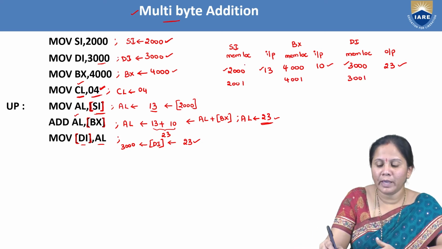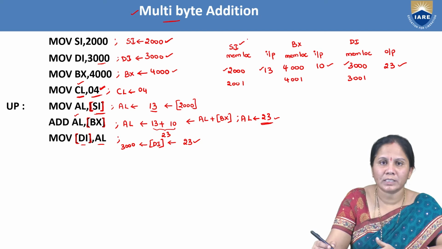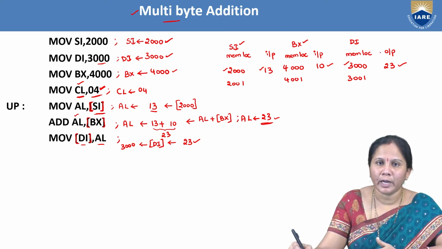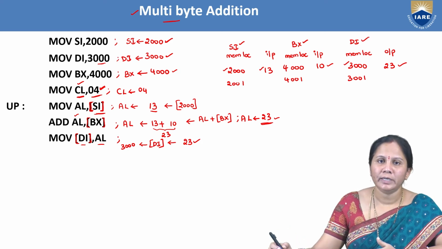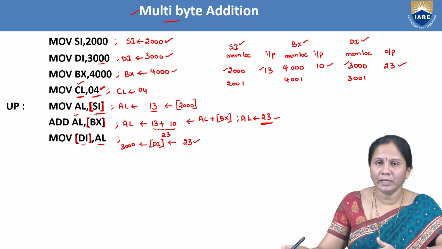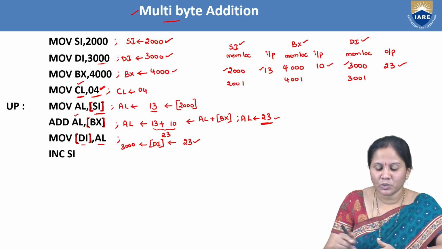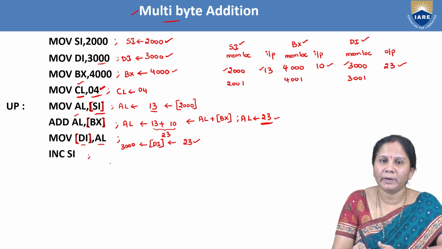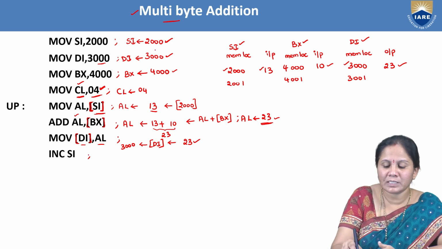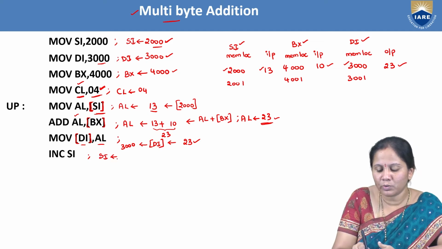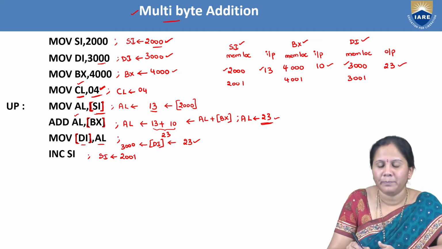That means we have to increment the value of SI, increment the value of BX, and to store the result, increment the value of DI. That is why we write the instruction INC SI. The SI value will be incremented by 1. Previously the SI value was 2000, so it becomes 2001.